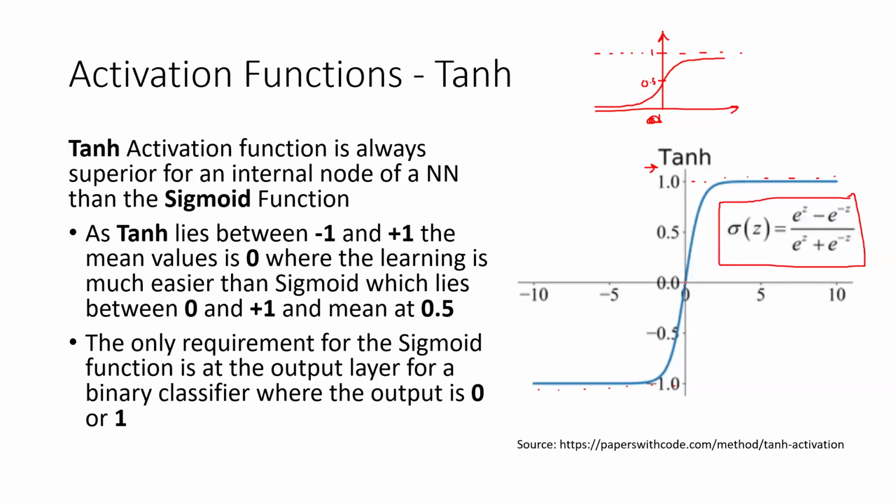At 0, the value would be 0. Because this tanh function is symmetric around the 0 point, it is a good function to be used as an activation function, better than the sigmoid activation function. This was proven with experimental evidence, and people started to use this function instead of the sigmoid function later in neural network development.